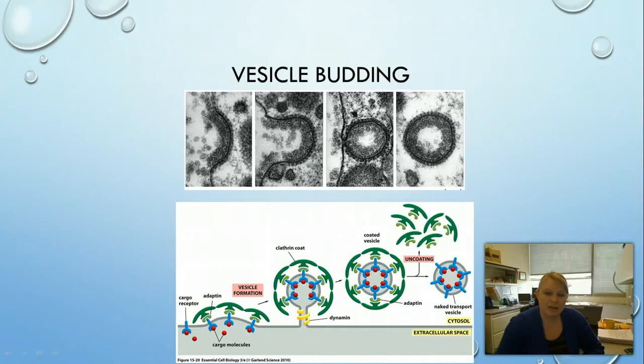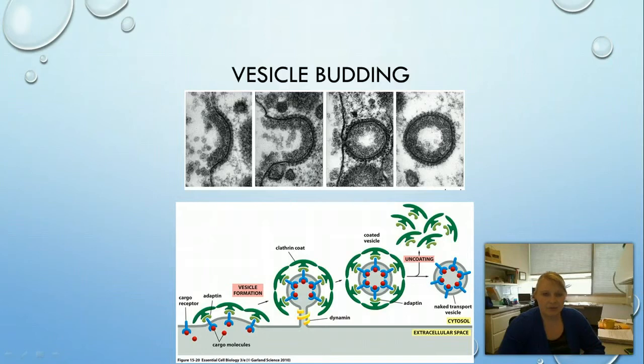And what happens then is we have these adaptins that are going to come into place, and they have an attachment with a coat. Now, in this example, we have clathrin. We know of some other ones, but clathrins are best understood, so it's the one I want you to focus on here. But just be aware that clathrin's not the only coat. And what these do is the cargo receptors, those little molecules, are going to bind to that specific receptor, and it's going to start to bud off into this vesicle.